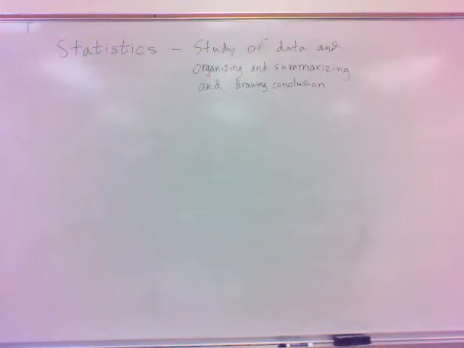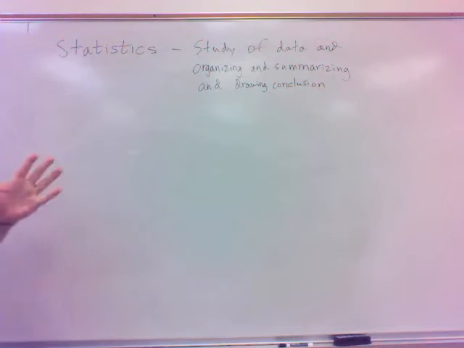So we're talking about data, collecting all sorts and kinds of data. Now, unless you have a small group of people or things that you want statistics on, usually you want a sample of the group. If I'm trying to figure out who's going to win the election this year, I can't go out and ask every person who they're going to vote for.